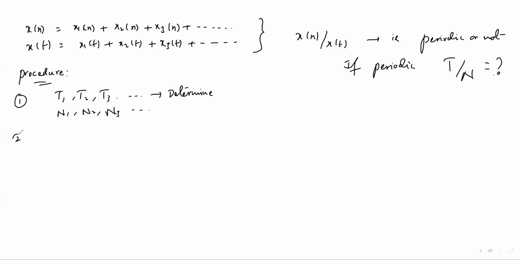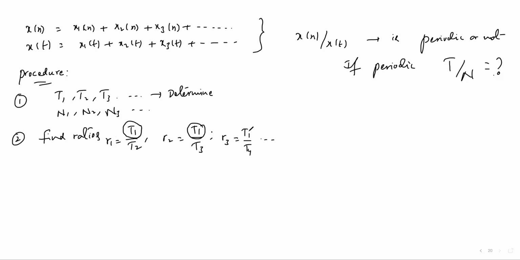The second step, find ratios: T1 by T2, ratio 1, T1 by T3, ratio 2, and if more signals, like this one. If you observe all the ratios, the numerator is the same. Similarly for discrete.